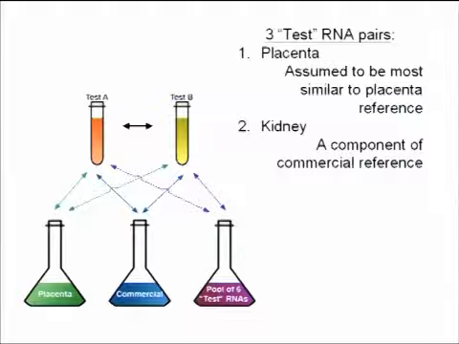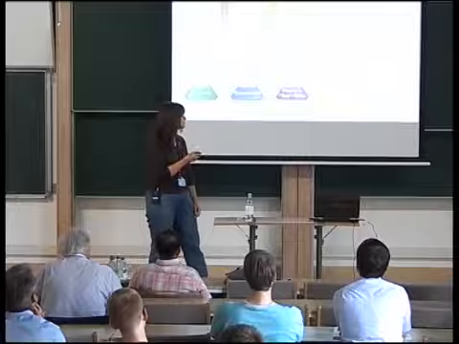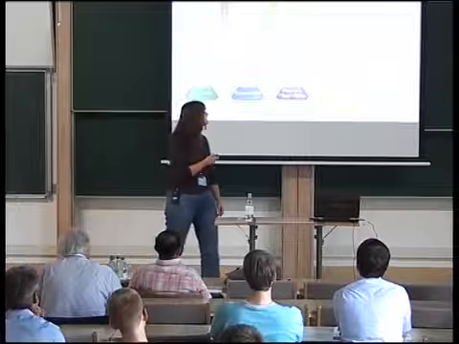We chose that as a test pair because we were told that kidney RNA was a component of the commercial reference. We were not worthy of being told by the company exactly what went into the commercial reference, but they were willing to disclose that it contained kidney. And the third test pair is lung RNA, which we were told was not a component of the commercial reference.